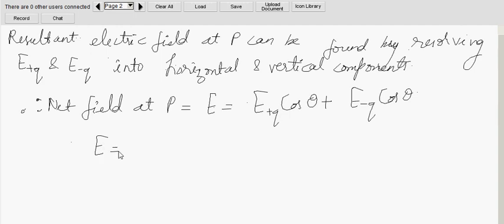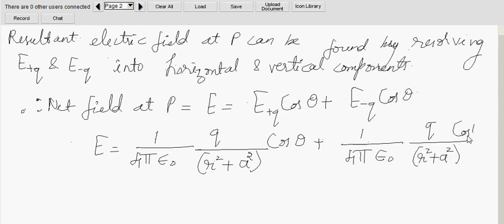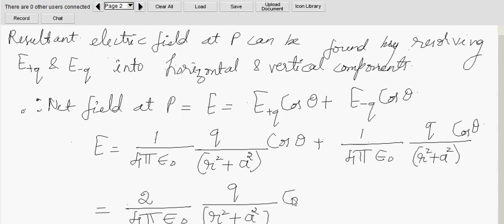We know E plus q is 1 by 4 pi epsilon naught into q divided by r square plus a square into cos theta, plus E minus q, whose magnitude is the same. So this is 2 times 1 by 4 pi epsilon naught into q divided by r square plus a square into cos theta.